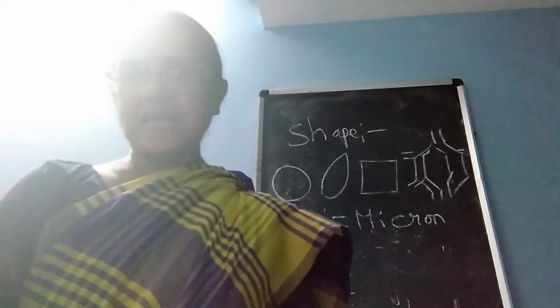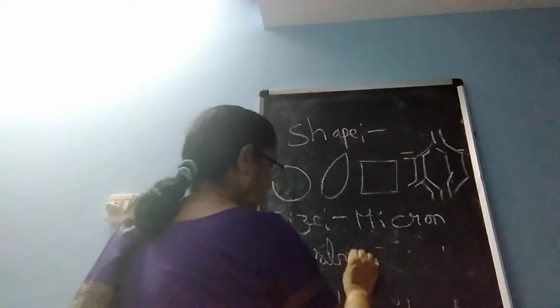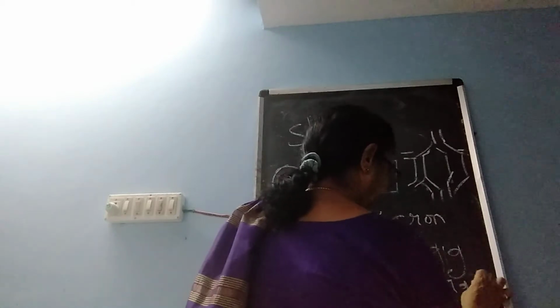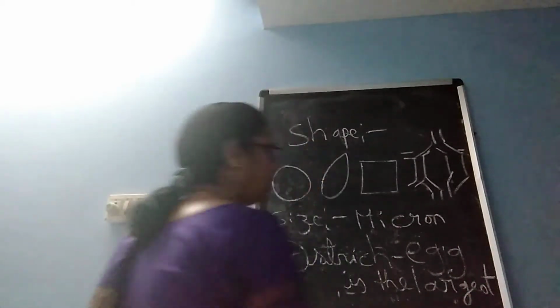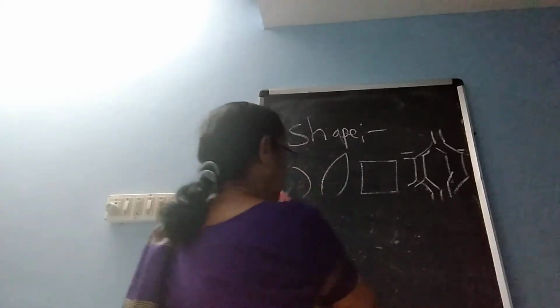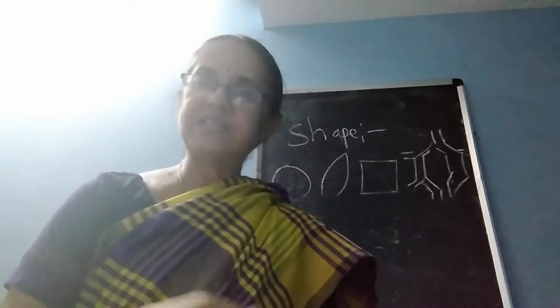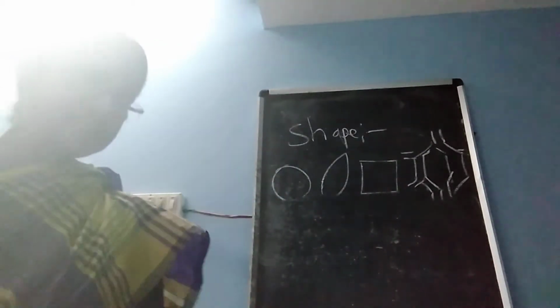The largest cell is found in the ostrich bird. So the ostrich egg is the largest one. Cells may be oval, rectangular or hexagonal, and they may measure from one micron to many more microns.